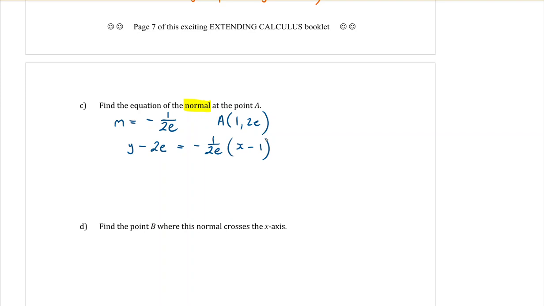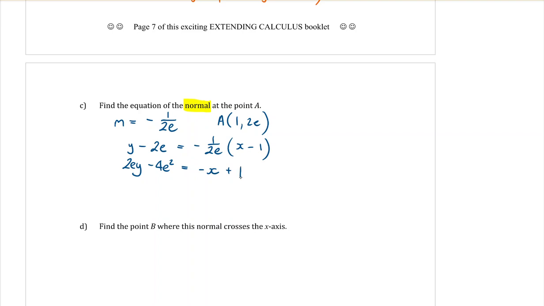I'm going to times the 2e across the other side. So that's going to give me 2e times y is 2ey, and 2e times 2e is going to make minus 4e squared. Okay, I didn't take this minus sign, so I'm going to expand the minus 1 through that bracket. So that would be minus 1x, or minus x, and minus 1 times minus 1 makes a plus 1.